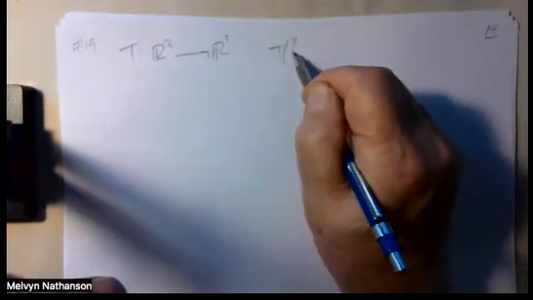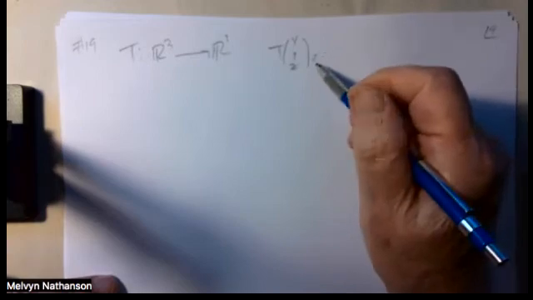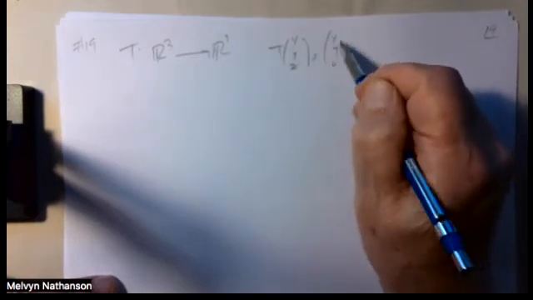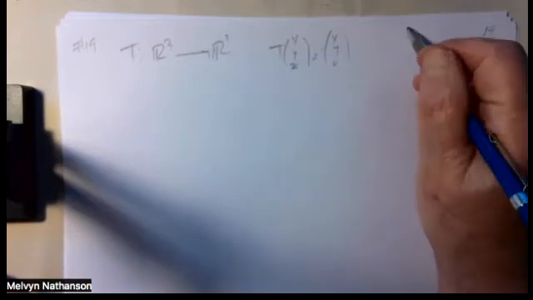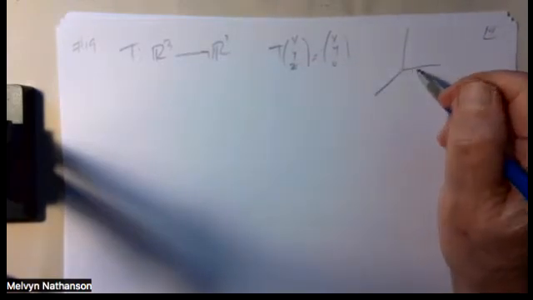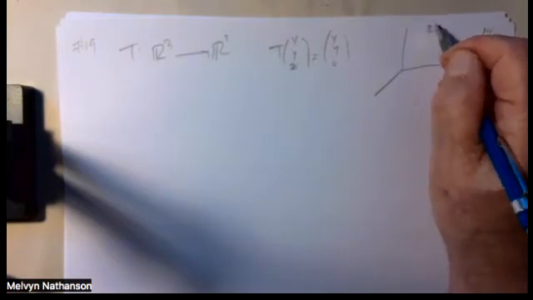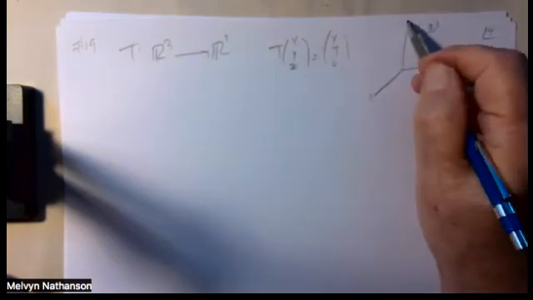So T is a map from R3 to R3, defined by T of the vector X, Y, Z goes to X, Y, 0. So if you think of this as in three-dimensional space, which it is, this is the X, Y, and Z coordinates.